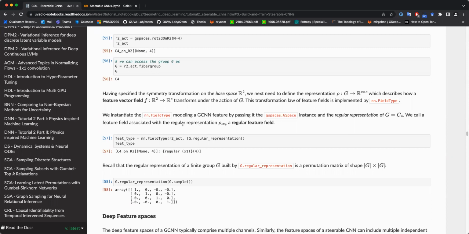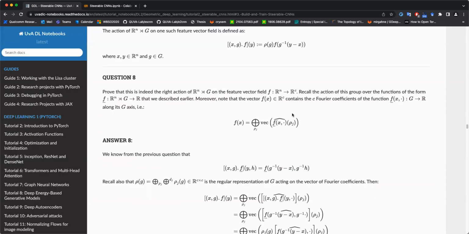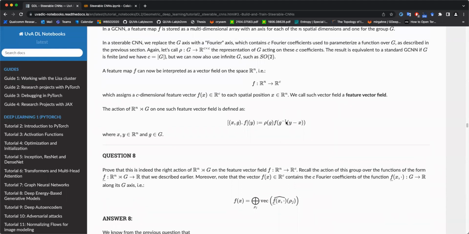So before building tensors, we have to define what types are. A field type basically combines a choice of representation rho that tells us how the channels of a vector field transform, and a G space, which tells us how the group transforms the base space. And if we scroll back one second to the definition of these feature fields, what is it?